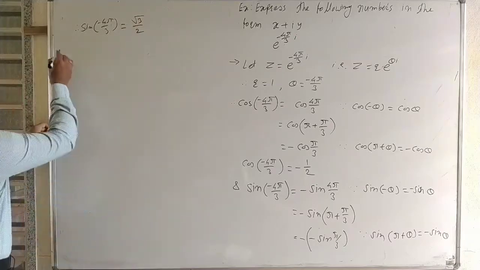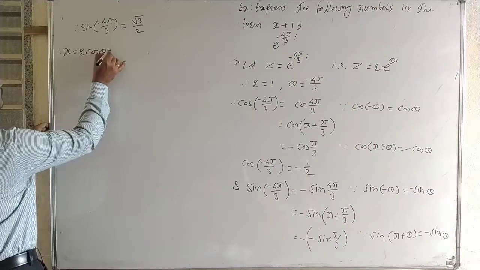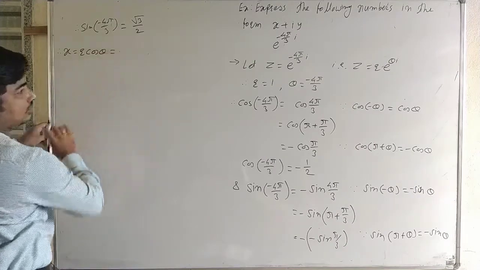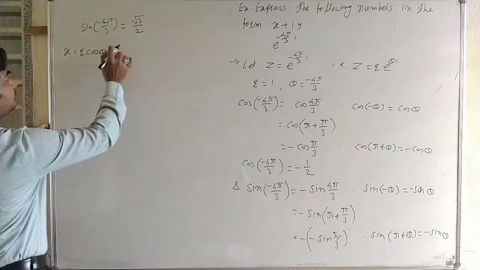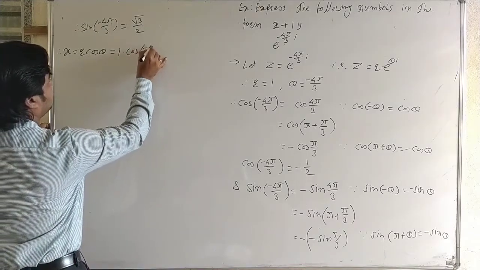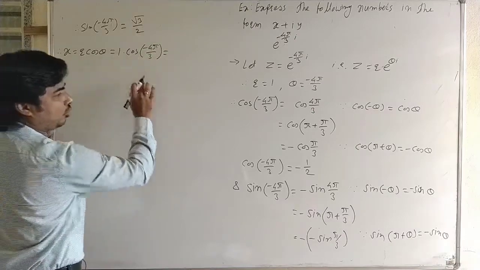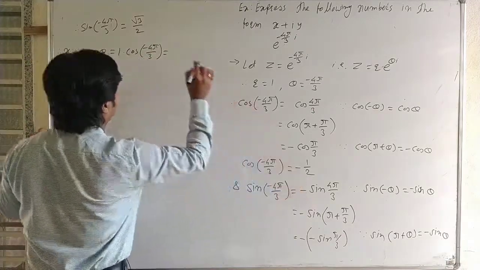Okay, therefore x is equal to r cos theta, that is r is 1 into cos minus 4 pi by 3, and therefore 1 into cos minus 4 pi by 3, it is minus 1 by 2.